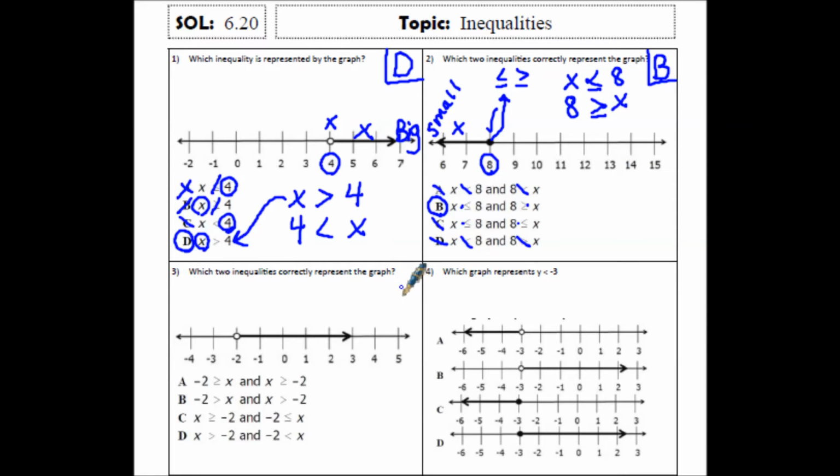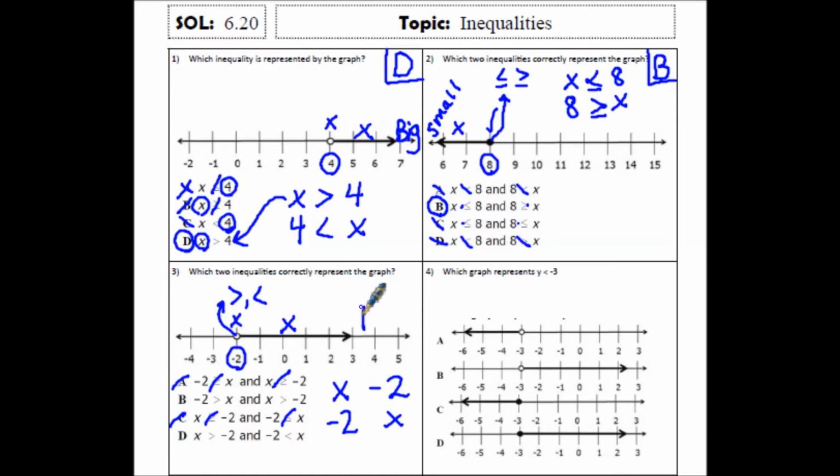So which two inequalities correctly represent the graph for question number 3? We're comparing x and negative 2. So we can compare x to negative 2, or we can compare negative 2 to x. Now there's not a solution, and this symbol is going to be using the greater than or less than symbols. So A has the wrong symbols, and answer choice C has the wrong symbols, because we can't be equal to negative 2.